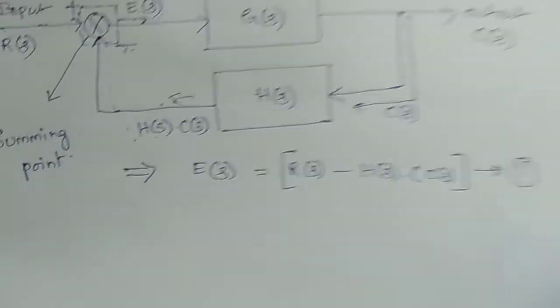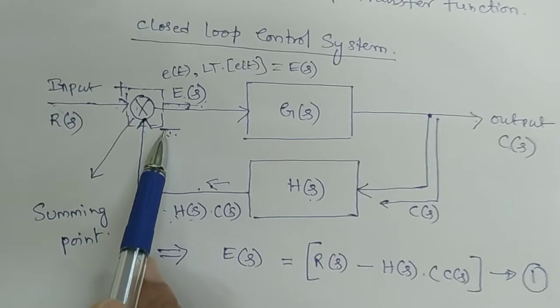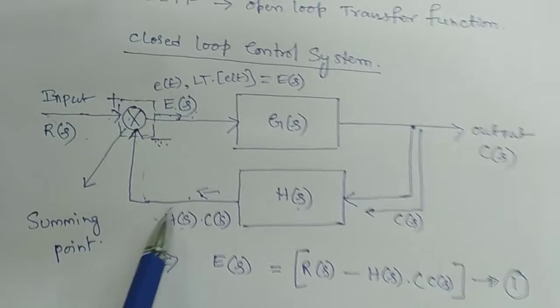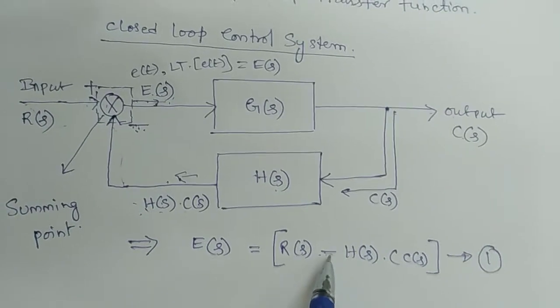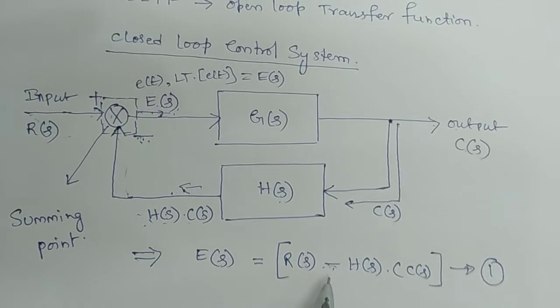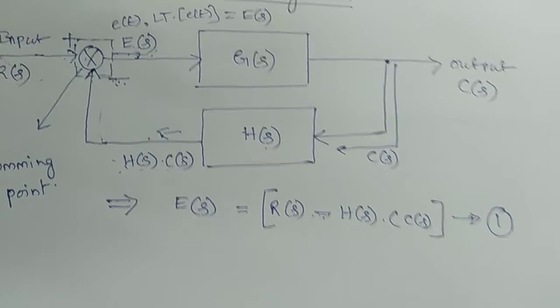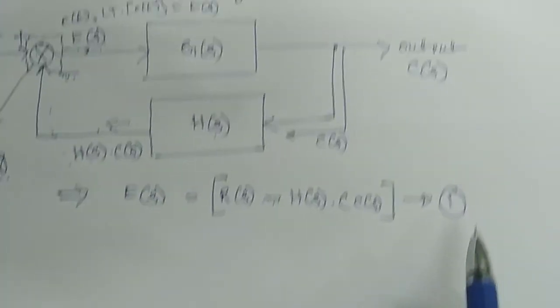Understood? This is E(s), because this is negative feedback, you are feeding the signal as negative, that's why minus comes before H(s)C(s). For example, if it is positive feedback, then obviously positive comes here. Don't confuse, please follow very carefully, you will definitely enjoy the class.